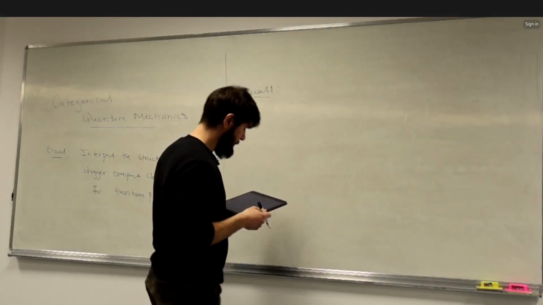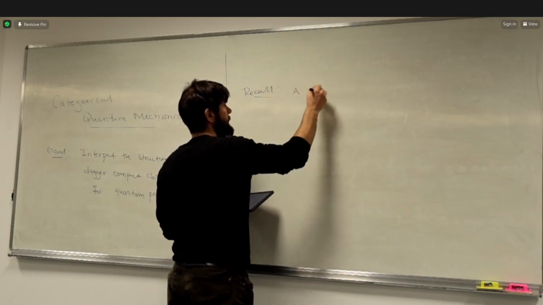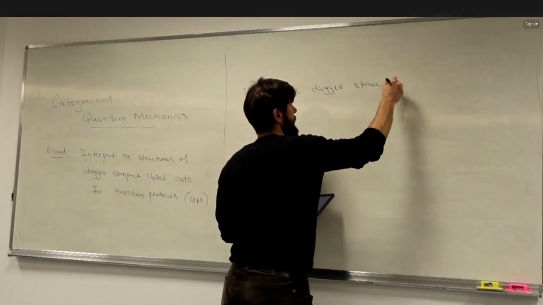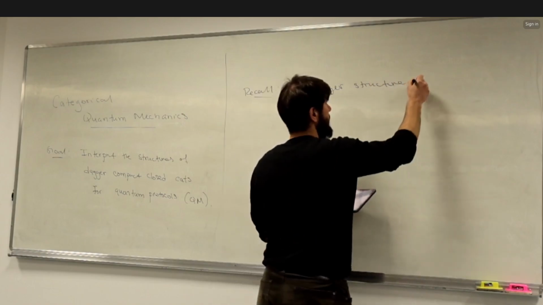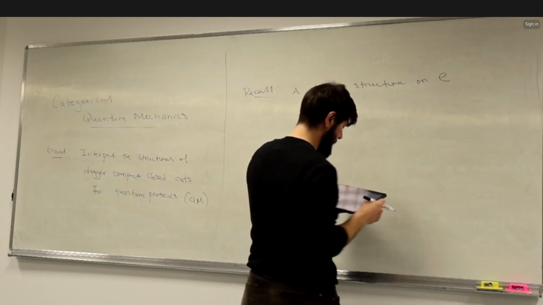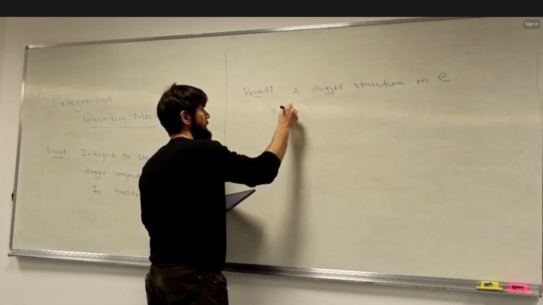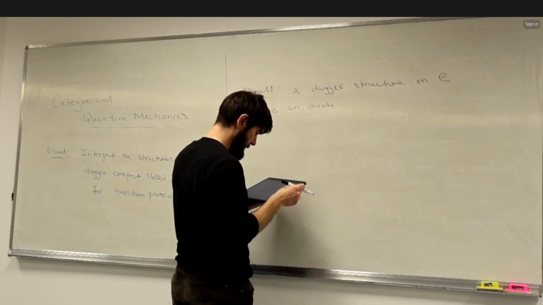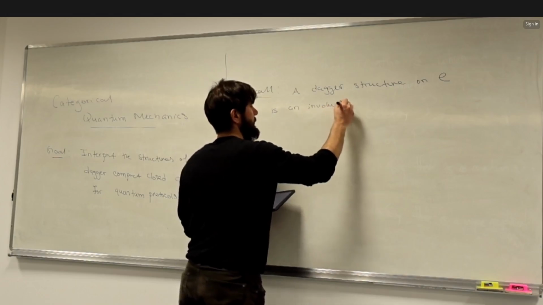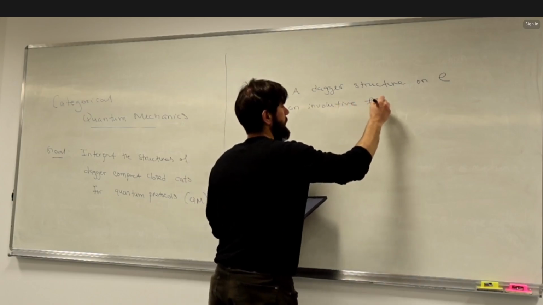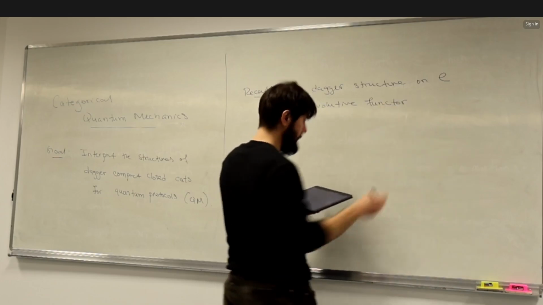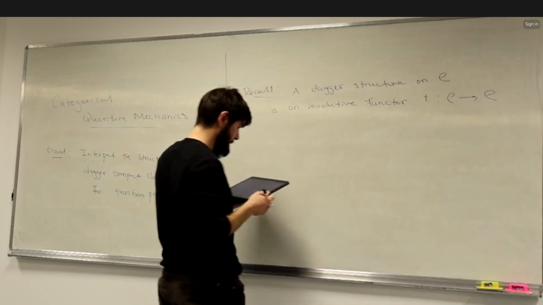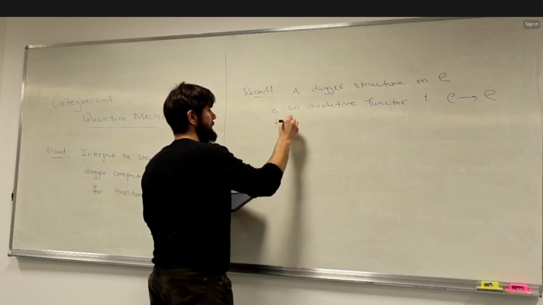the last talk. So we have that a dagger structure on a category C is a functor, dagger, from C-op to C, that is identity on objects.